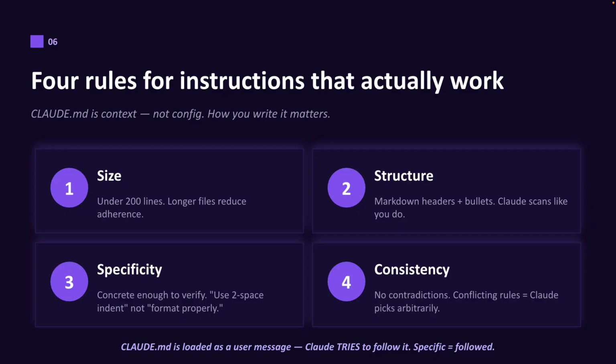Third, be specific. Concrete enough to verify. You will see examples in the next slide. 4, consistency. No contradicting rules. If 2 instructions conflict, Claude picks one of them. Important to internalize: Claude.md is loaded as a user message, not part of the system prompt.